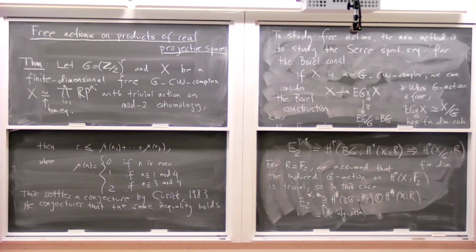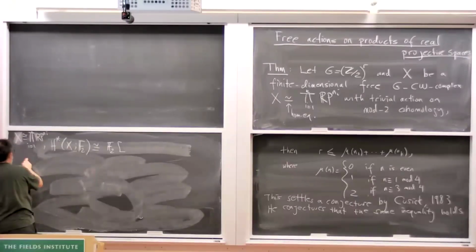So one thing you observe is that when X is this product of spheres, or product of real projective spaces, let me go with the BG first.